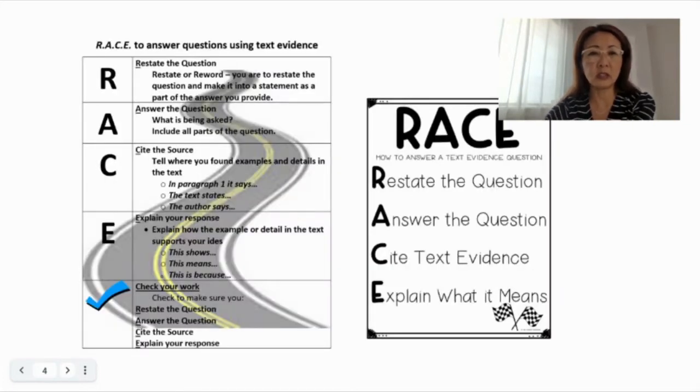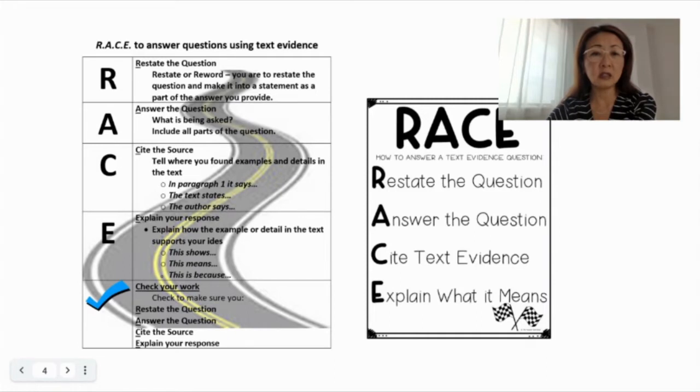Here's our RACE strategy, and you may have seen this strategy before. Once again, it's an acronym, RACE. R stands for restate the question. When we are given a question to answer based on text, we are going to first restate the question. And then the A stands for answer the question. So going back and seeing what is being asked, and make sure you include all parts of the question in your answer.